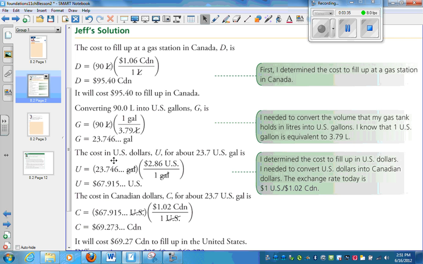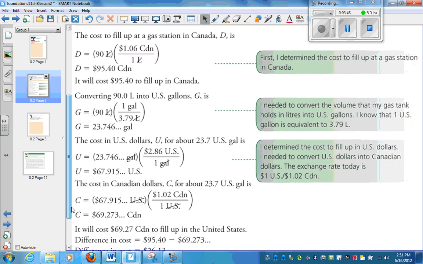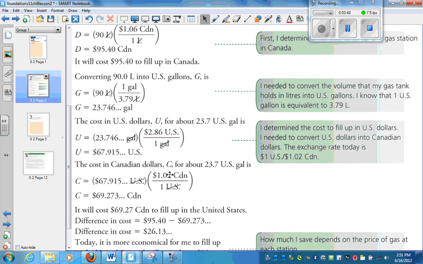Then what he has to do is he says, well, it's $2.86 US per gallon. So gallons cancel out, and it's going to cost him $67 US. And now at this point, the conversion, it's $1.02 Canadian for 1 US. He is going to cancel out US, get Canadian, it's going to cost him $69.